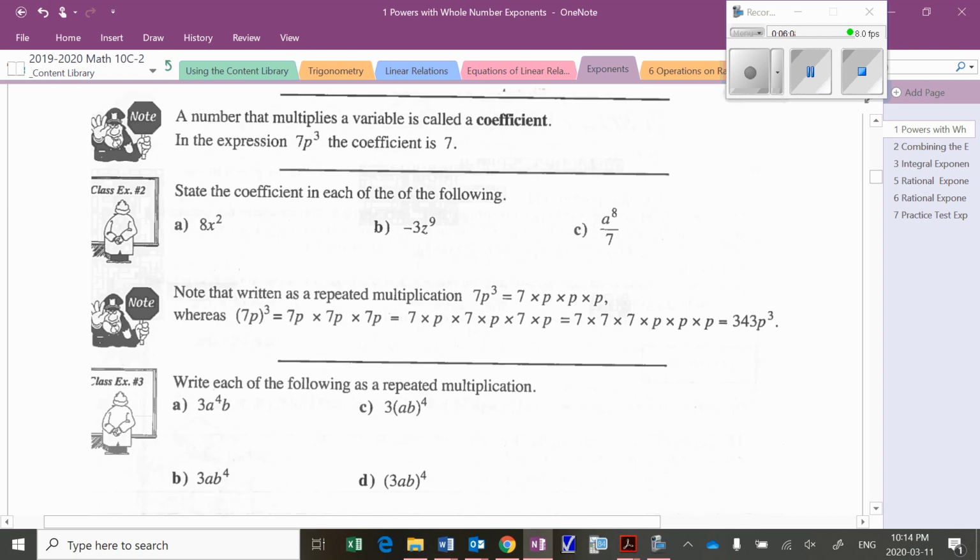Okay. So let's take a look in this case. It talks about the term coefficient, which you should be very familiar with. We have the expression 7p cubed, the coefficient being 7. And this is also a nice example for us to talk about the base here. The base is directly below the 3, meaning it is just the p.